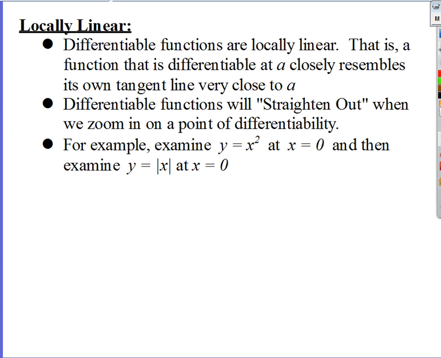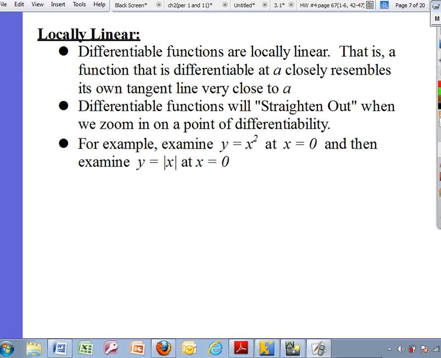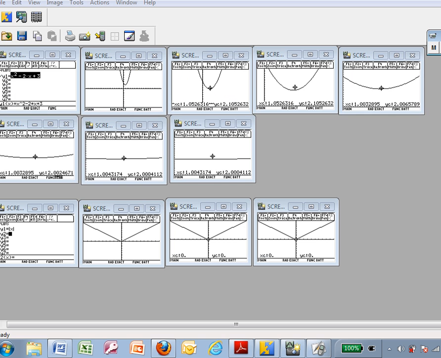Let me show you on my calculator. A quadratic, x squared, is U-shaped. It's not a V, not a corner, not a cusp, not a vertical tangent, not discontinuous, so I'm going to be able to show you that it straightens out.